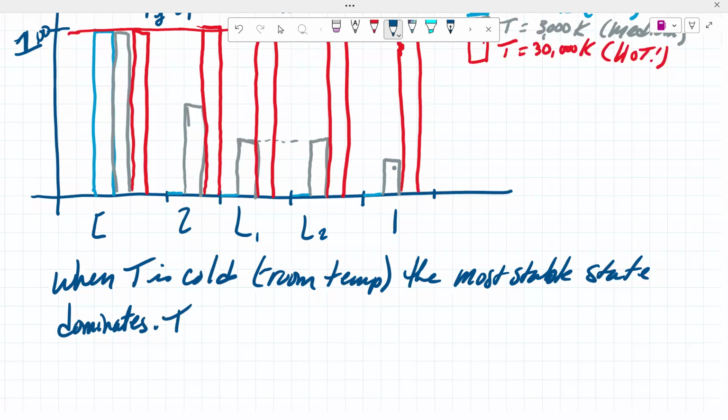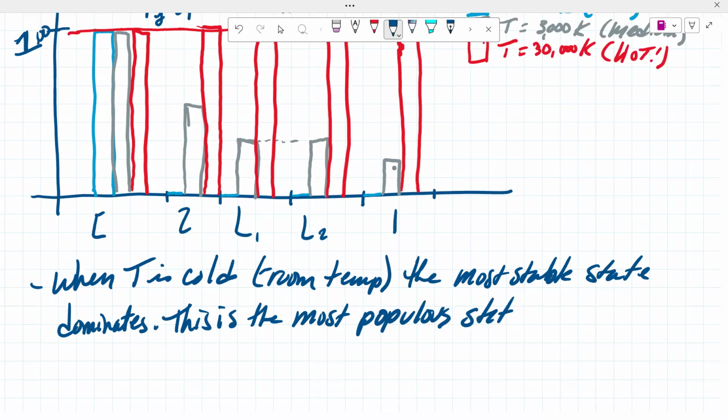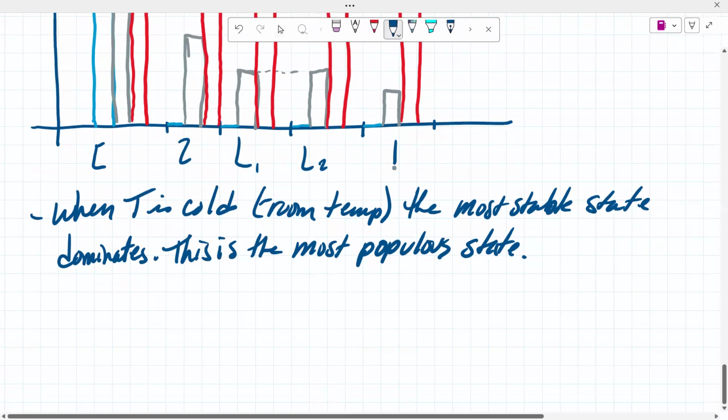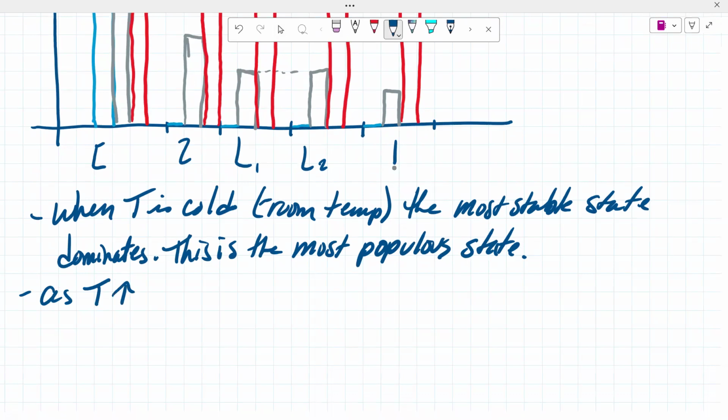This is the most populous state. As the temperature rises, the probabilities shift.